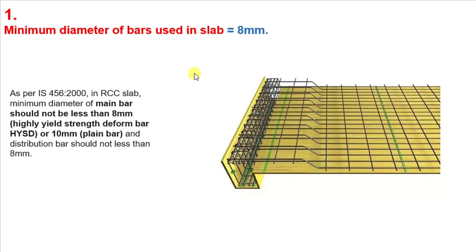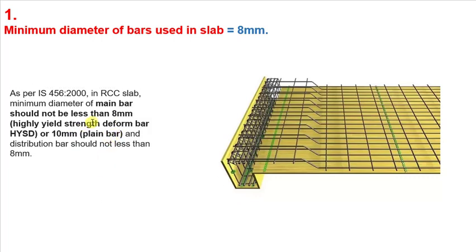Okay, but let's go into the depth. If we go into the depth, according to IS 456 2000, we can divide it into two parts. As we know, in slab there are main bars and distribution bars. So if you are considering main bars, then that main bar can be either a highly yield strength deformed bar, or it can be just a plain bar.